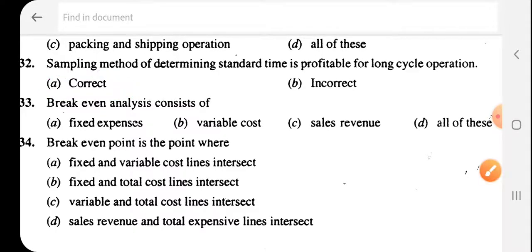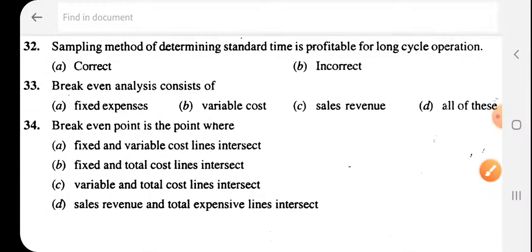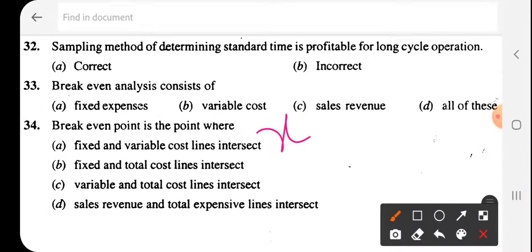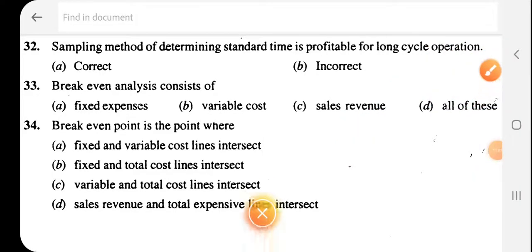Next, break-even analysis consists of all of the above: fixed expenses, variable cost, and sales revenue. Because break-even point is equal to fixed cost divided by selling price minus variable cost. That is the statement.